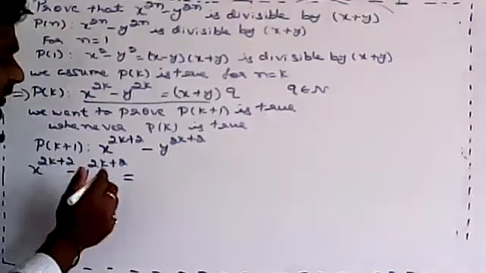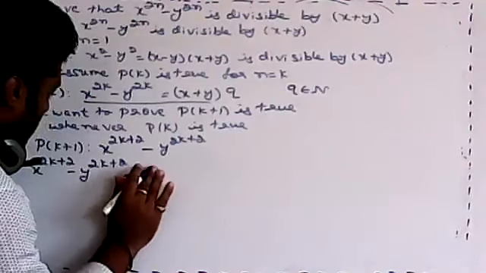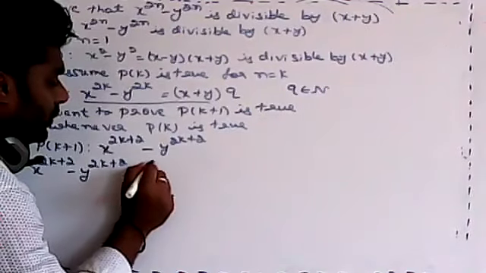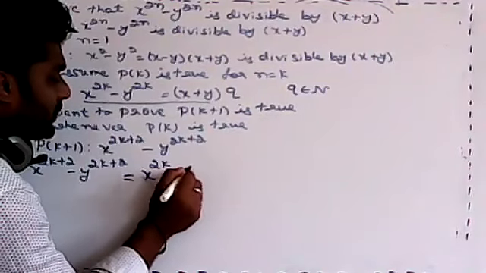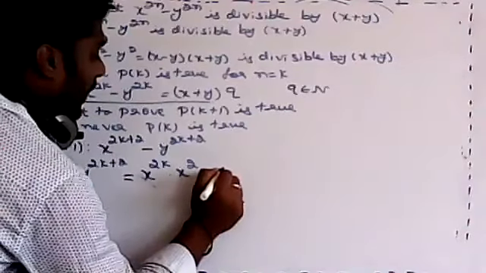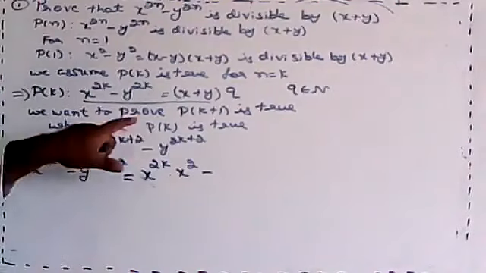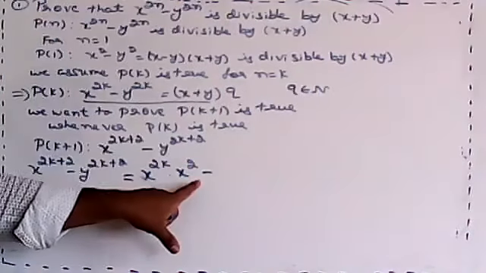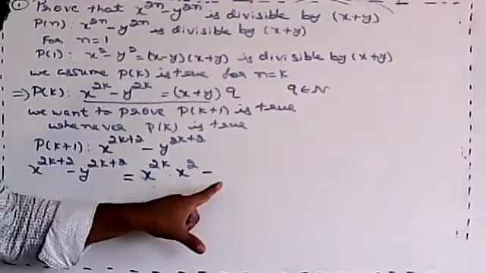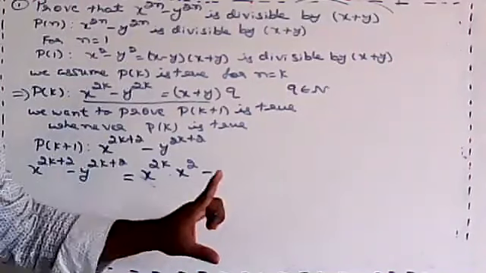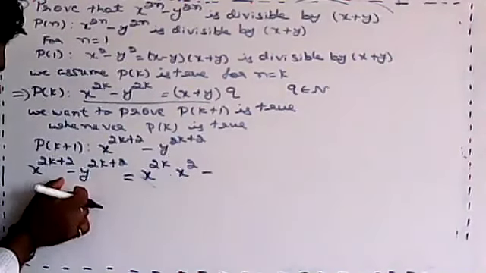So x to the power of 2k plus 2 we write as x to the power of 2k into x square, minus y to the power of 2k into y square. Correct or not? But I want here x plus y into q. So can anyone tell me what next term I'm going to take?